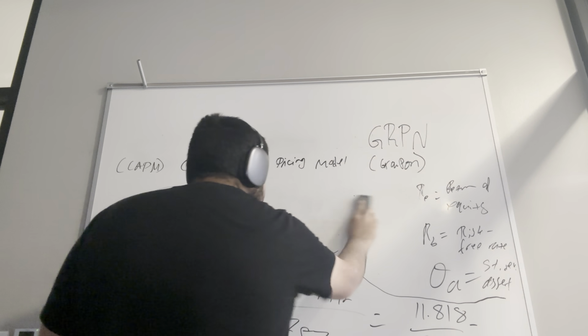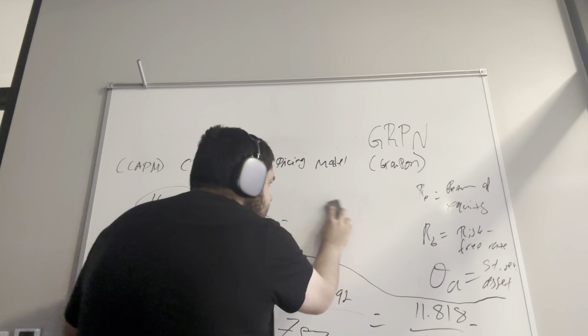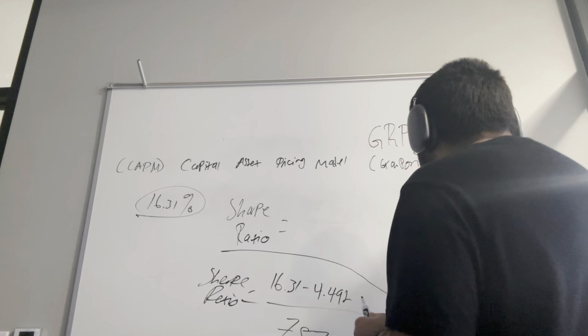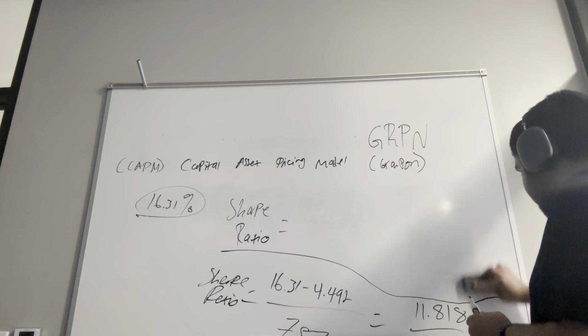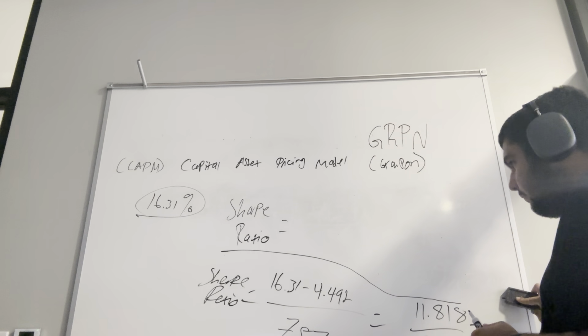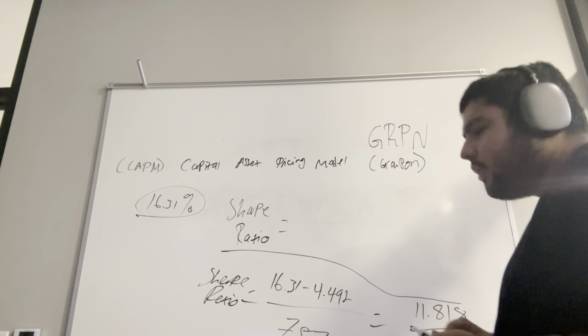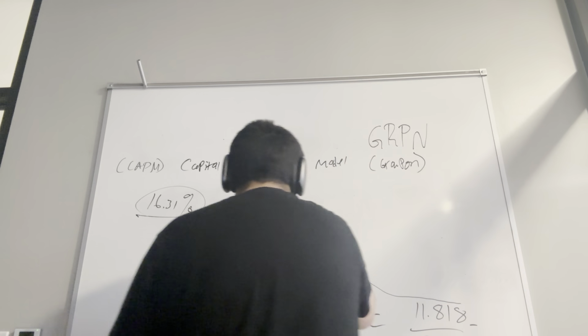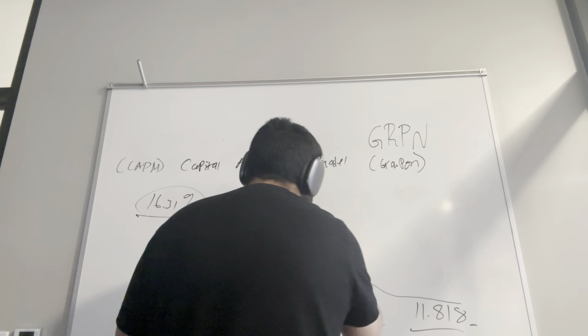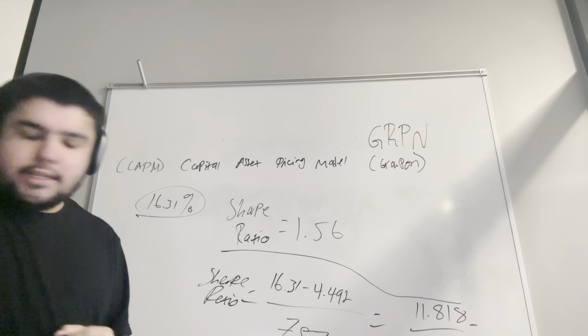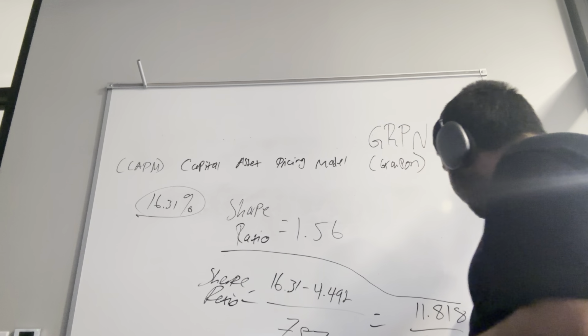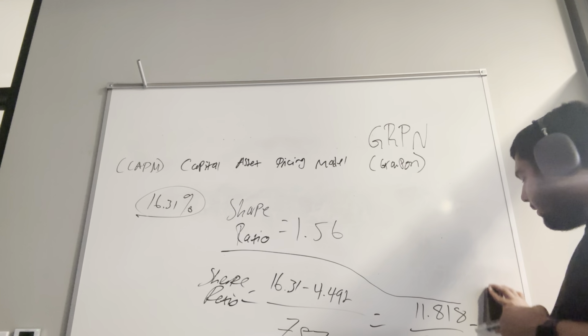So we already have the definitions here. So we can erase this. Sharpe ratio of 1.56. Yeah, and even if we round it, it still stays at 1.56.